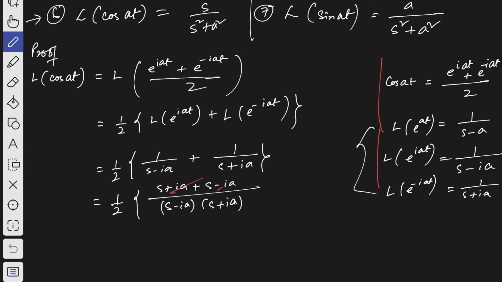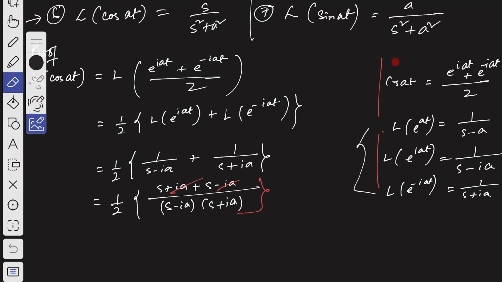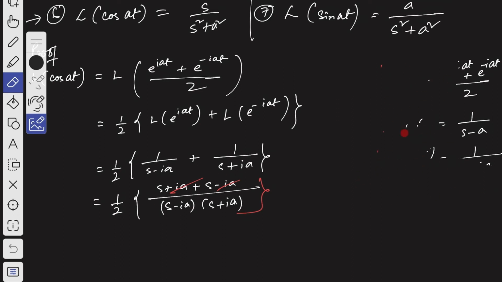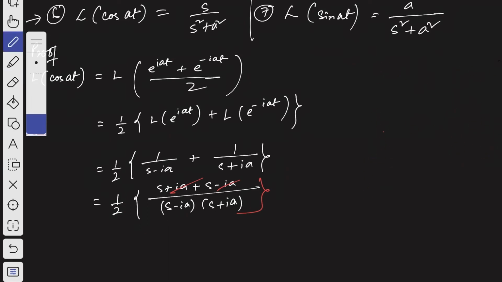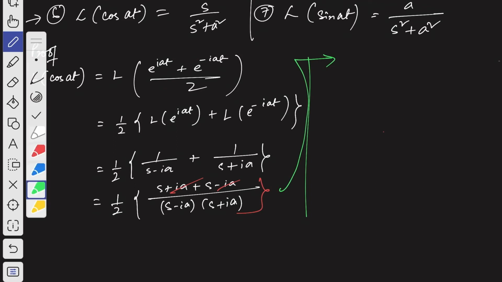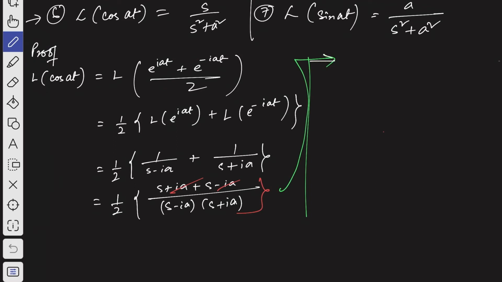Now cancelling this positive and negative ia, let me clean this portion first. Now I'll continue here. So this is the next step from here.